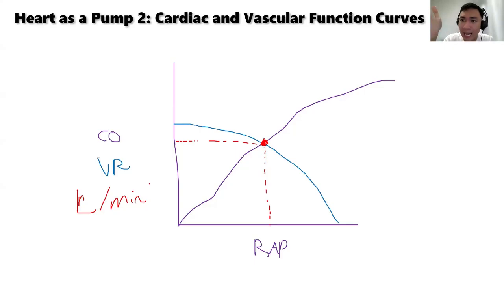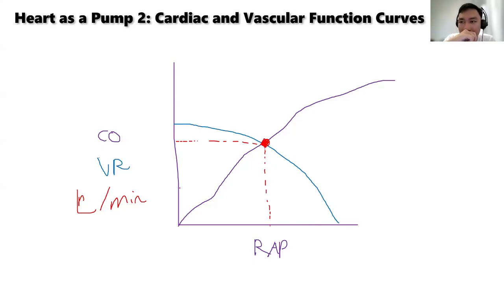It makes sense, because whatever blood the heart pumps out goes to the capillaries and veins, and then should return to the heart. So whatever volume of blood the heart pumps, the cardiac output, should be the amount of blood returning to the heart as venous return. At the point where they intersect, your cardiac output and venous return are equal, and that's what we want to happen.